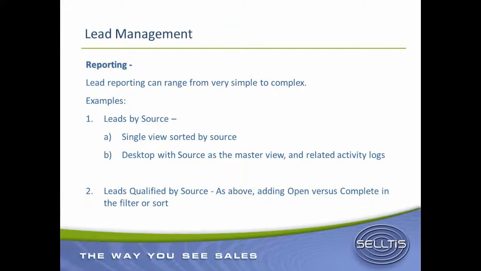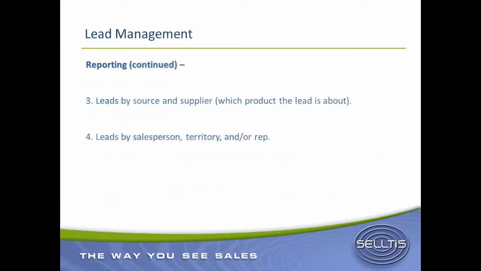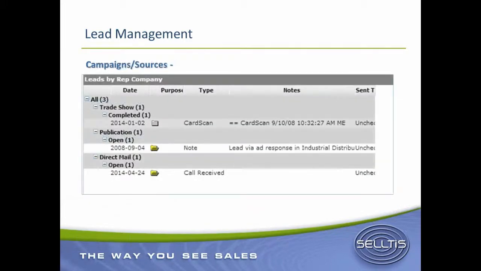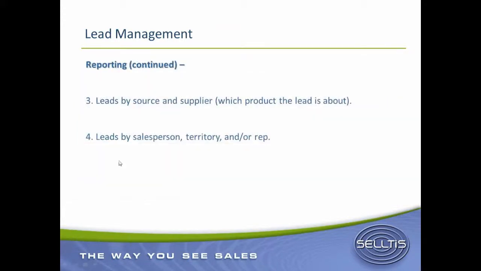Or to take it to the next level in complexity, I guess, it could be a desktop with source as the master view and related activity logs. So that might look something like this, right? We just simply have a list of leads sorted by the particular source, trade show, publication, direct mail, etc.